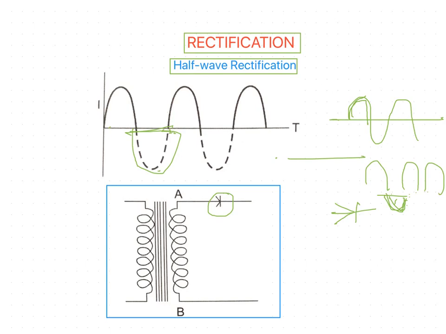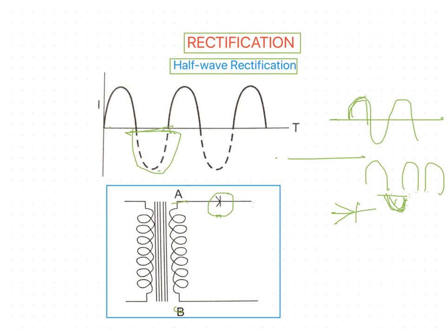If you see this diagram, this is the half wave rectification circuit. As I have already mentioned, it is in the anode circuit. Here is another type of circuit used for half wave rectification, using the metal rectifier. AB is the secondary coil of the transformer which is supplying the circuit.